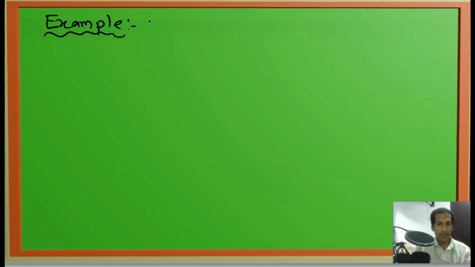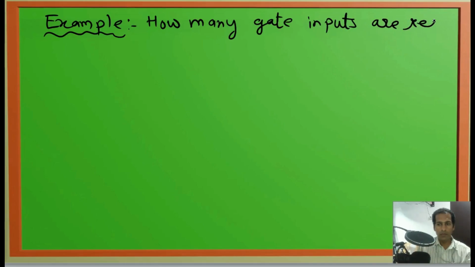The example is: how many gate inputs are required to realize the following expression?